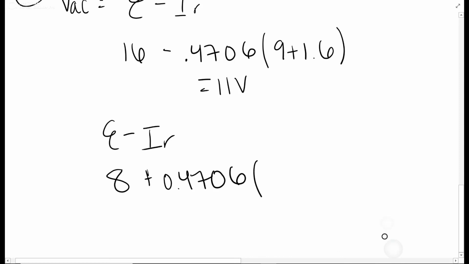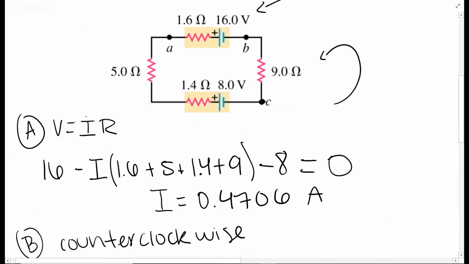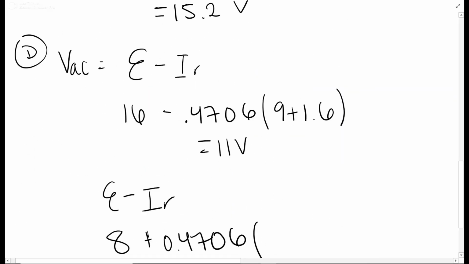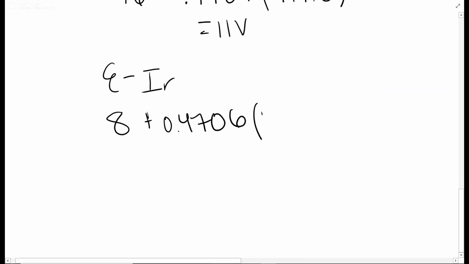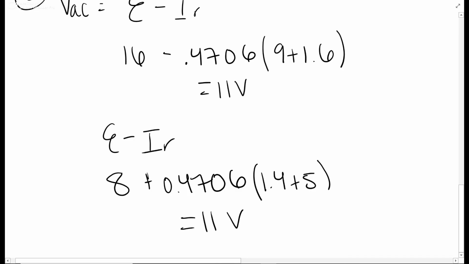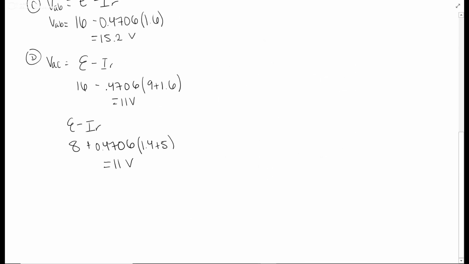And we are going to have different resistances on this path. We're going to have 1.4 and 5. But you can go ahead and solve that and you are still going to get 11 volts. So this just shows you that either way you go, you should get the exact same thing. You just have to keep in mind that if you're going counter to the direction of current, you do have to change your signs, of course, because you're technically going backwards against the current. So there's that.